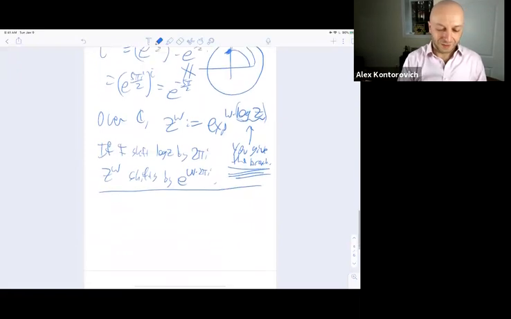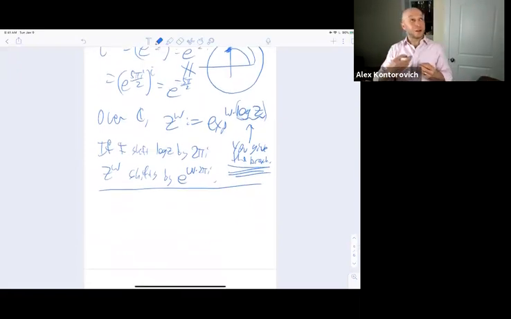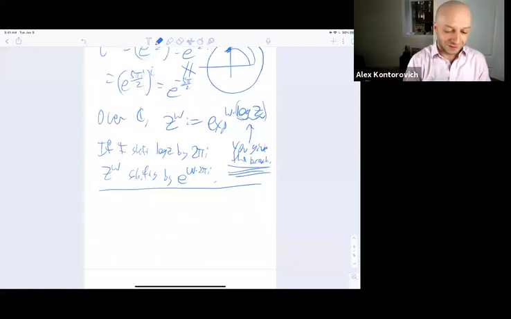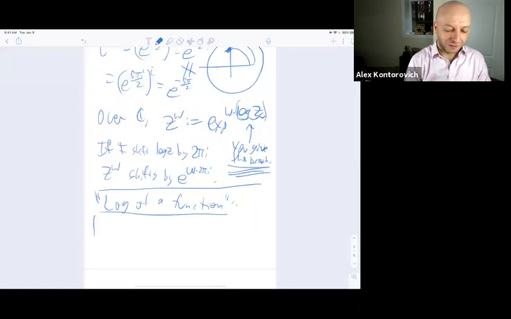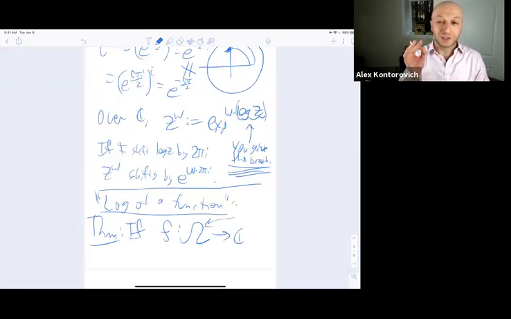All right. And one last theorem. You don't just have to think about numbers, you can think about logs of functions. You can define log in terms of a function. So here's a theorem. If f is on a simply connected domain, simple connectedness is used in every single argument here.